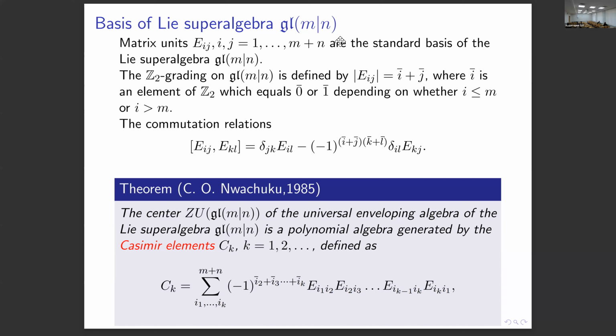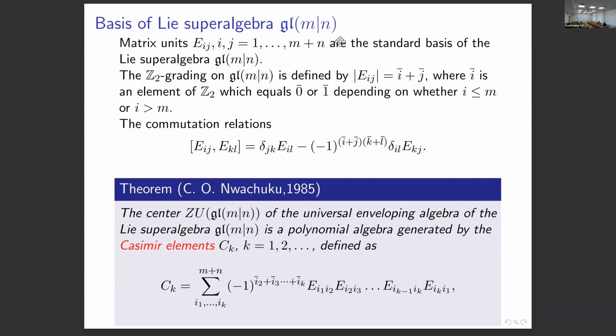Next is the structure of the center of the universal enveloping algebra of the Lie superalgebra GL(m|n). It is also a polynomial algebra generated by Casimir elements C_K. In this case, C_K is the summation of (-1) power (I2 bar plus I3 bar plus ... plus IK bar) times the product of the matrix unit elements E_I1I2 E_I2I3 and so on.